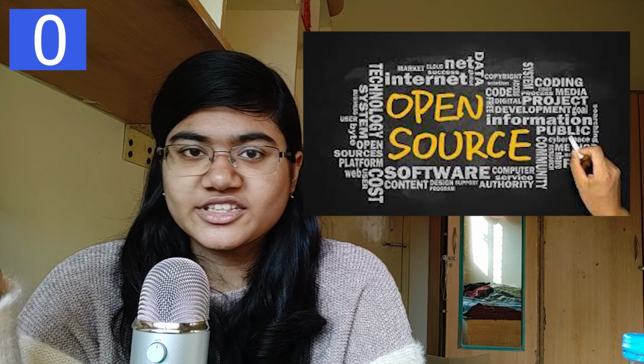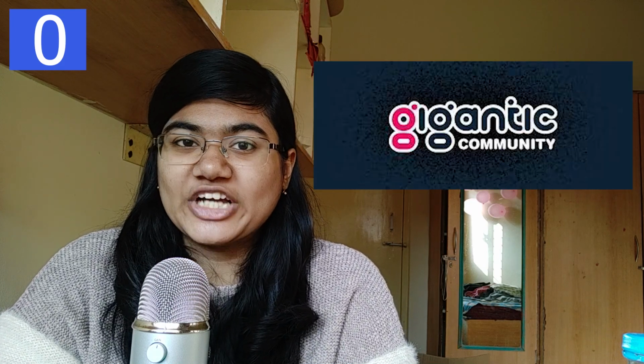Starting with number 0, React. React.js, developed by Facebook, is an efficient and flexible JavaScript library for building user interfaces. Technically, React is a JS library, but it is often talked about as a web framework and is compared to any open source JavaScript framework. It is one of the most popular JavaScript open source libraries and the community is gigantic.